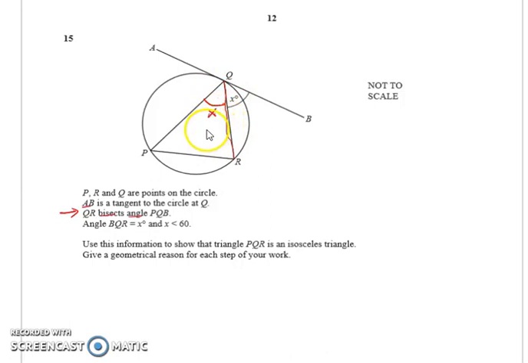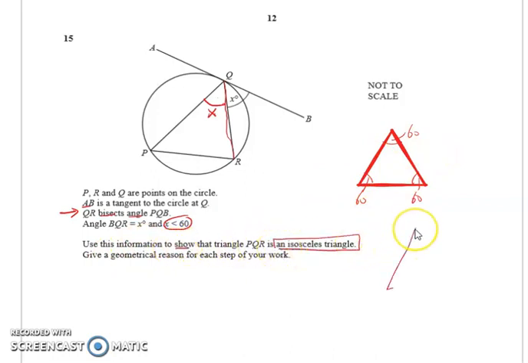Now the angle BQR is x, and x should be less than 60. To get an equilateral triangle, it must be 60, and all the angles here will be 60. They ask us to show the triangle is an isosceles triangle, which means the angles here will be the same.